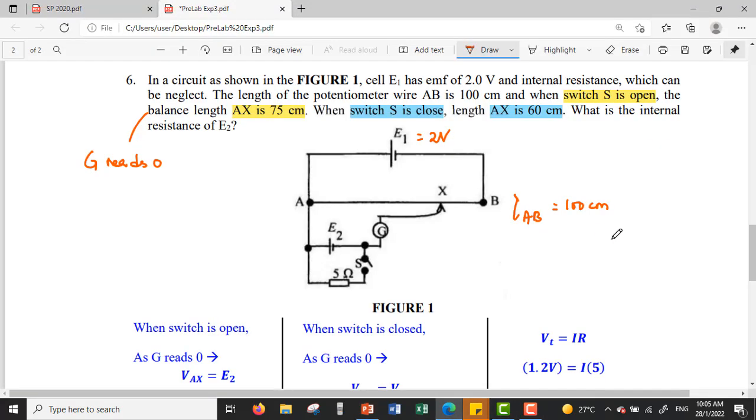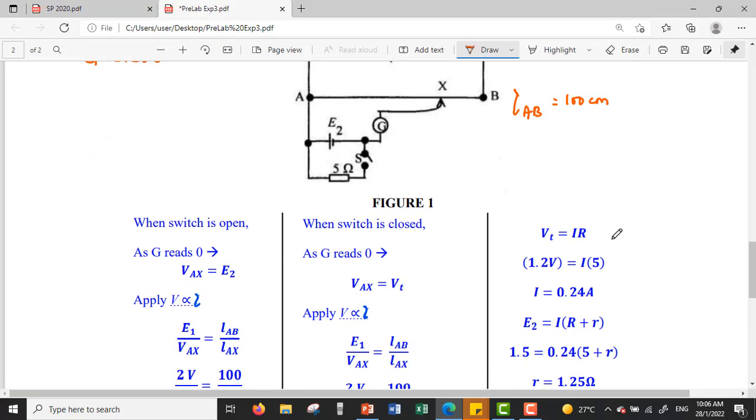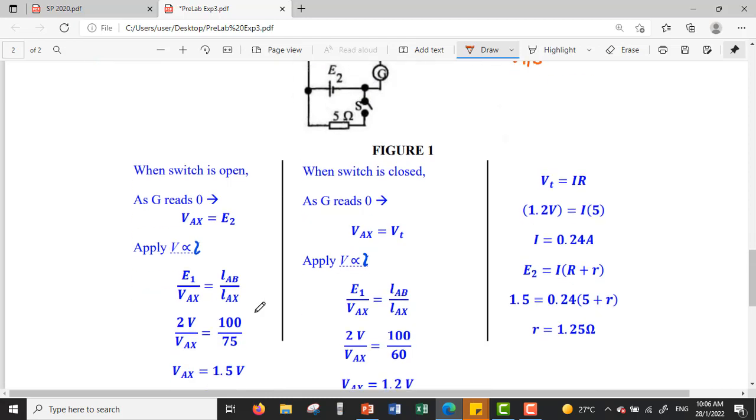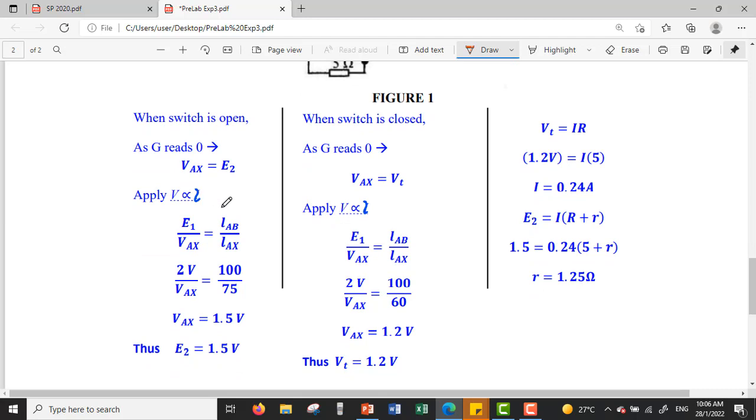When switch S is open and G reaches 0, the voltage across the balance length AX will be equal to the EMF E2 of the dry cell. So we can determine the value of E2. Applied voltage is proportional to length.